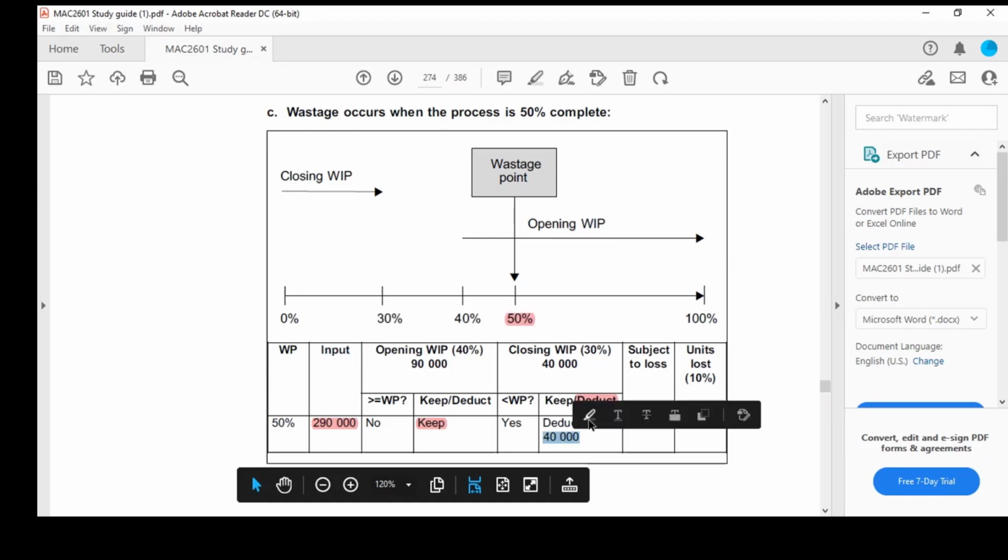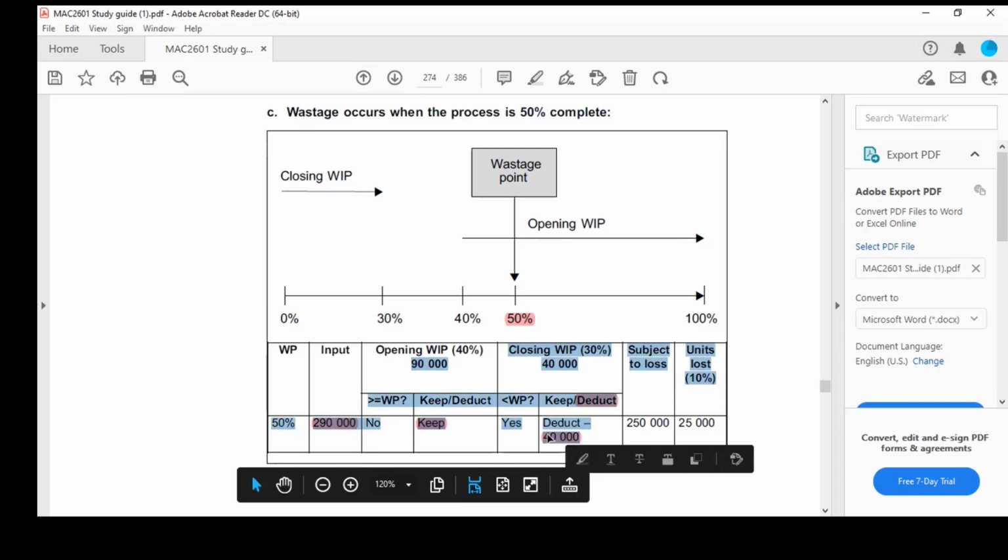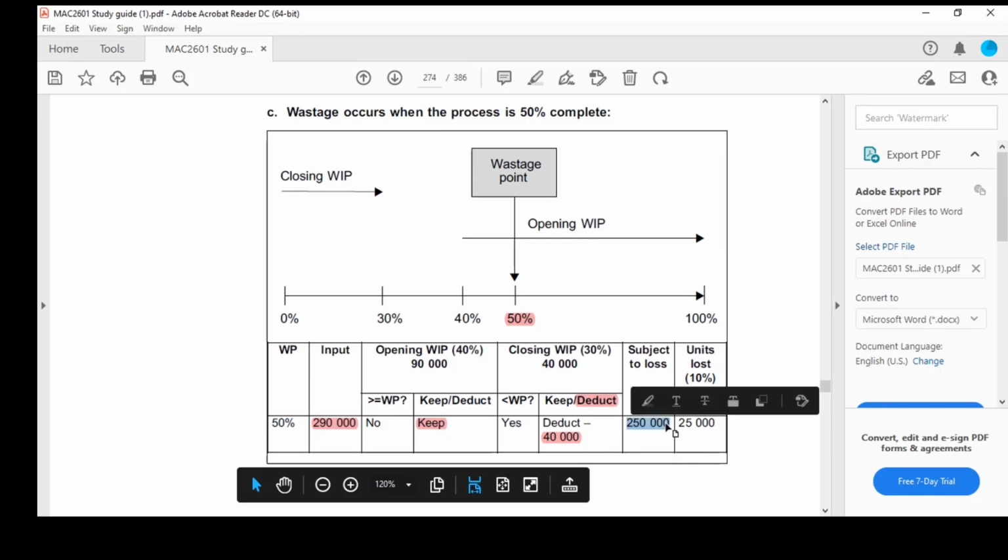That's the rule. So it's 40,000 less. So what's subject to the loss? It's the 290 minus the 40, not the 90,000. So you apply 10% on this 250.